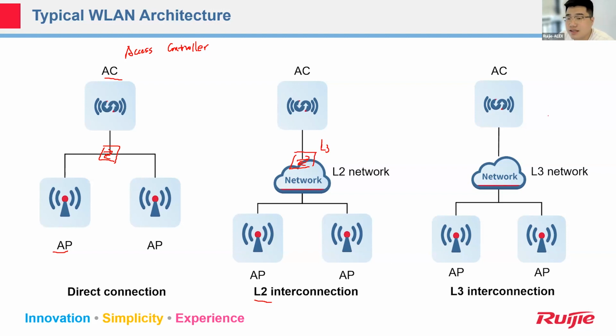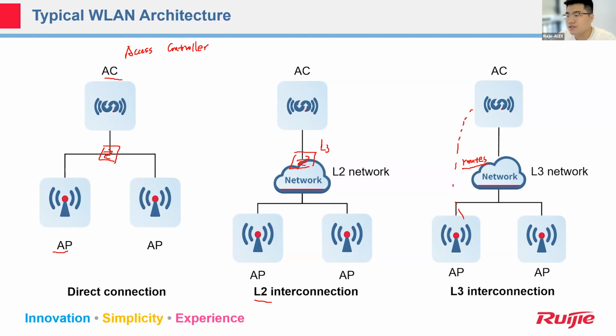If we use layer 3 interconnection, pay attention here, we must have some routes to establish the communication between the AP and AC, because between the AP and AC, they should establish a CAPWAP tunnel. To establish the tunnel, at least they should communicate with each other. So in a layer 3 network, we must have routes.